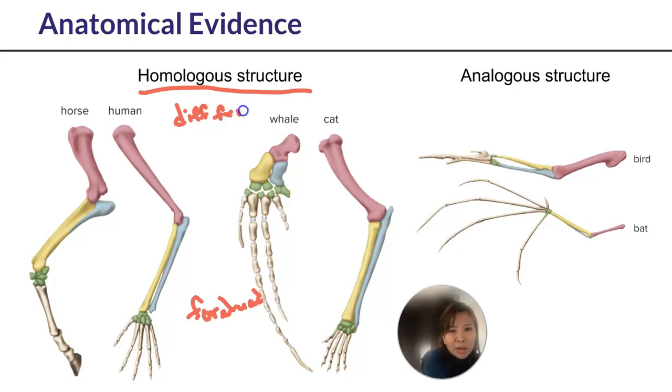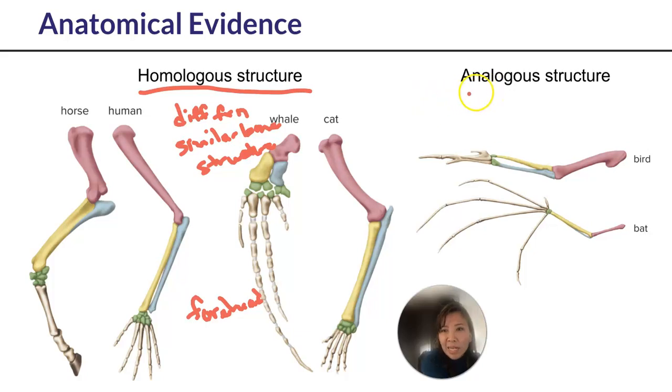The function of the whale fin is very different than the function of a human arm, which is different than the function of a horse's back leg or forelegs. But they have very similar bone structure. Okay, so this is homologous structure.